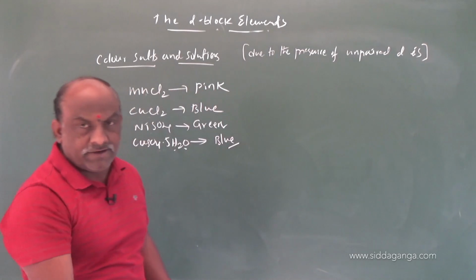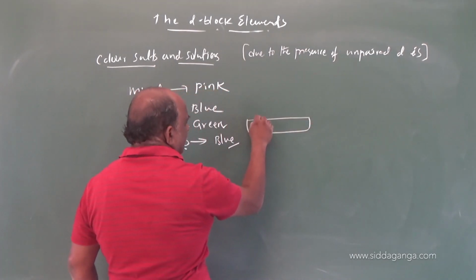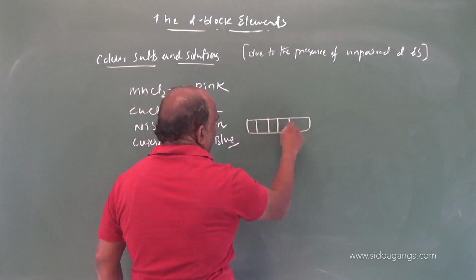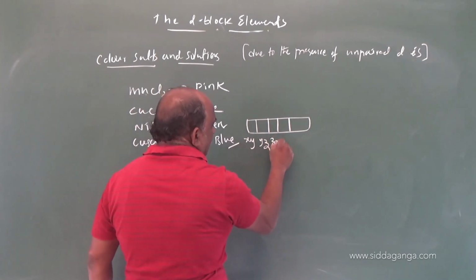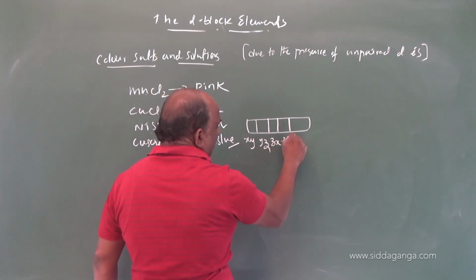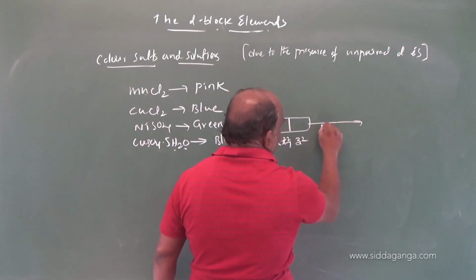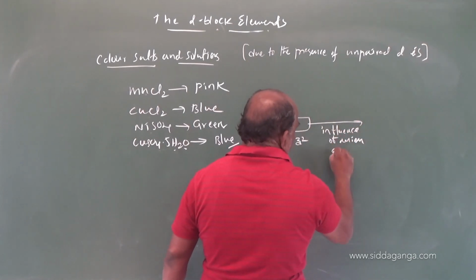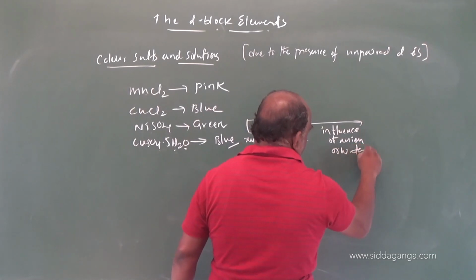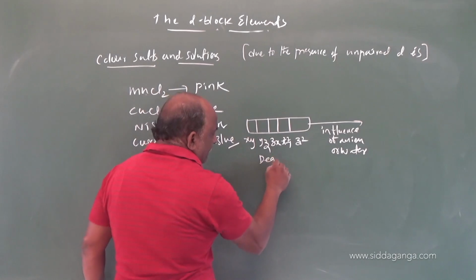My dear children, these are the 5d orbitals: dxy, dyz, dzx, x square minus y square, z square. Under the influence of anion or water, what are they said to be?